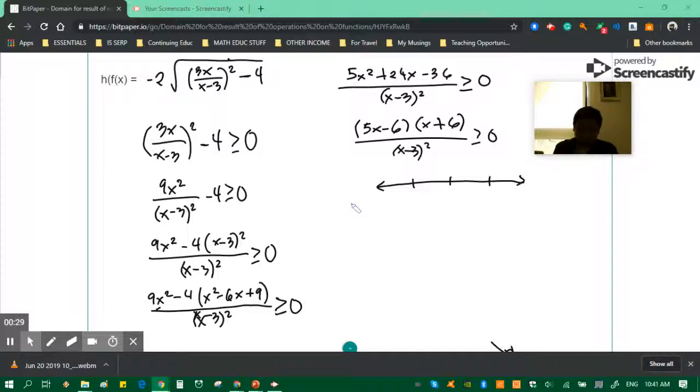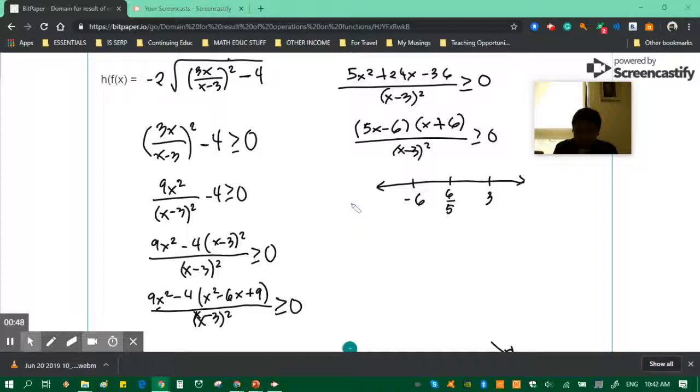So we'll have 6 over 5 for 5x minus 6. Let's mark it there. Negative 6 for x plus 6 and positive 3 for x minus 2.